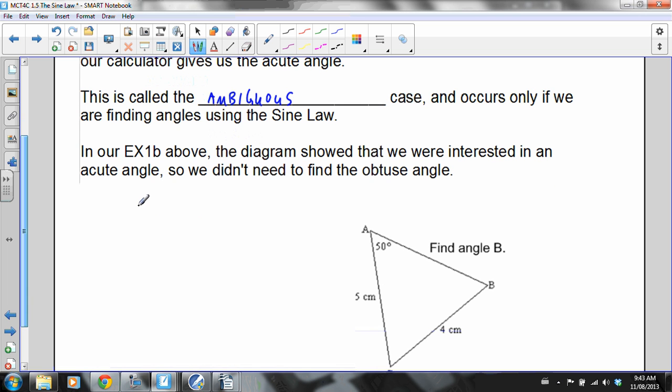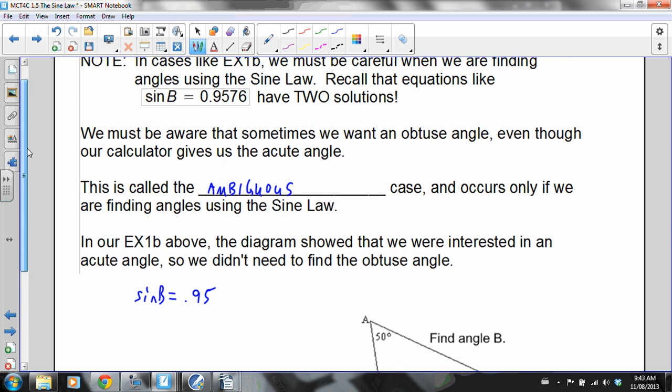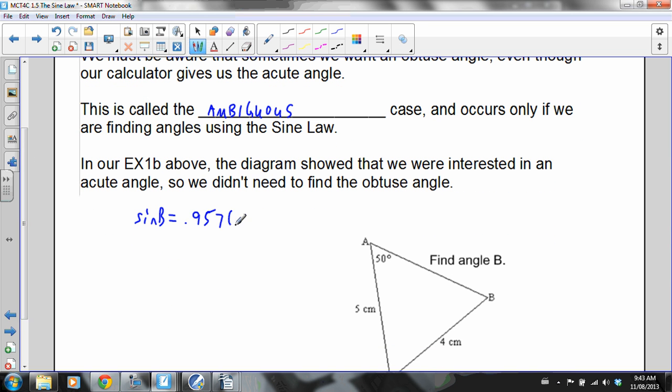So again, that statement, that sine B is equal to 0.9576, it's got two solutions according to the CAST rule, right? It's got one in the first quadrant, and that was the 73 degrees that we wanted. And that second one was in the second quadrant. That's the obtuse angle. The 73 degrees is what our calculator gave us.